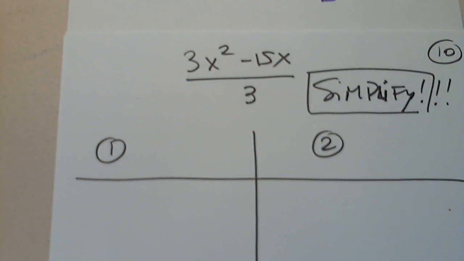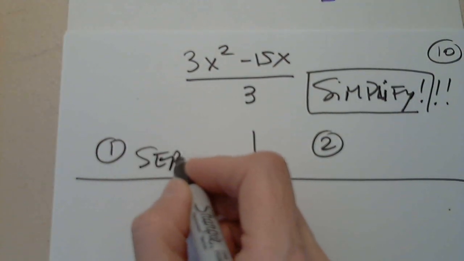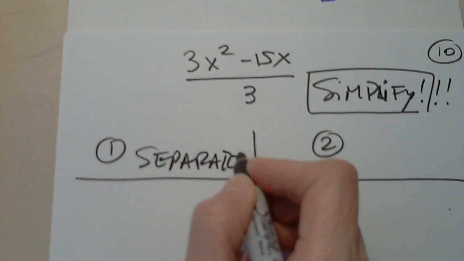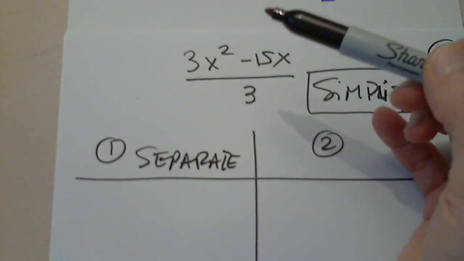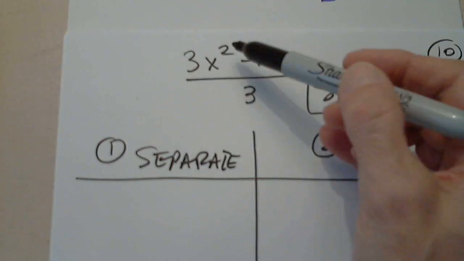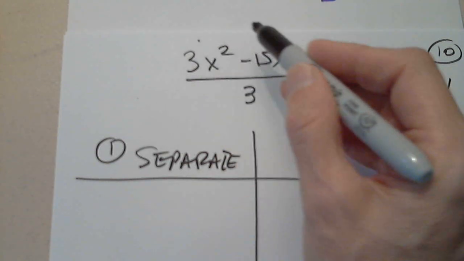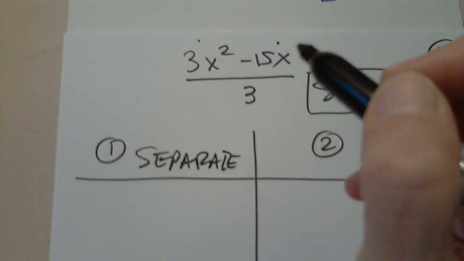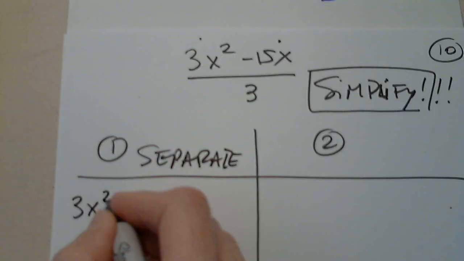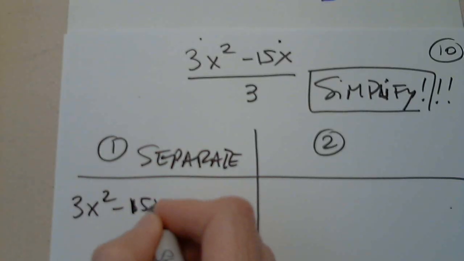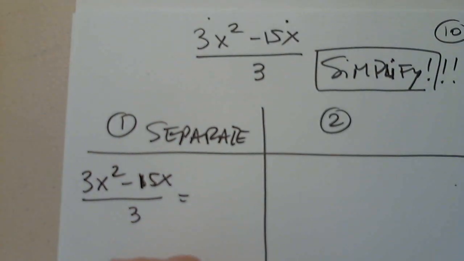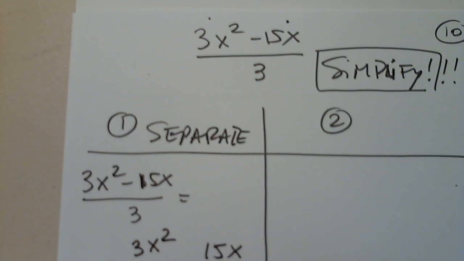In option number 1, I separate. What do I separate? I separate this expression that has two terms, one term and the other, into two fractions. So I write 3x squared minus 15x over 3 as 3x squared over 3 minus 15x over 3.